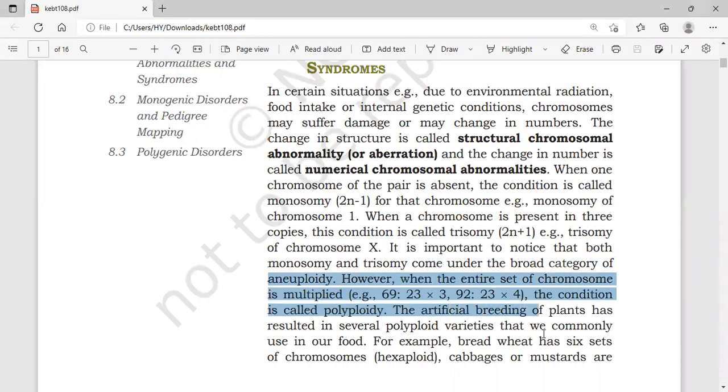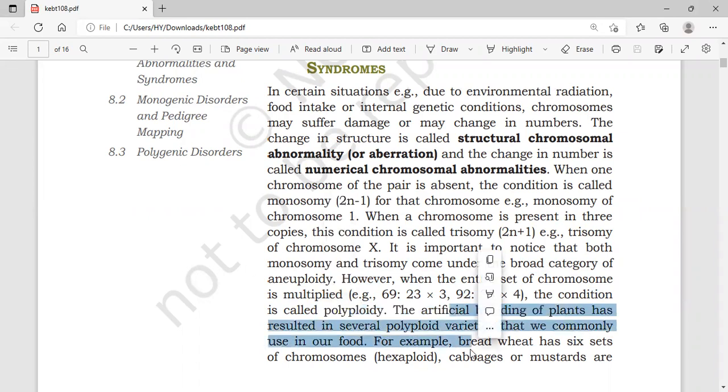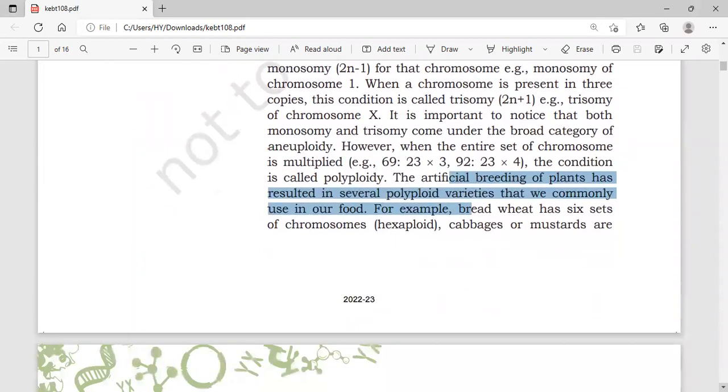However, when the entire set of chromosomes is multiplied, like 69, which is 23 into 3, this condition is called polyploid. It's not called aneuploid, it's called polyploid. Artificial breeding of plants has resulted in several polyploid varieties that we commonly use in our food.